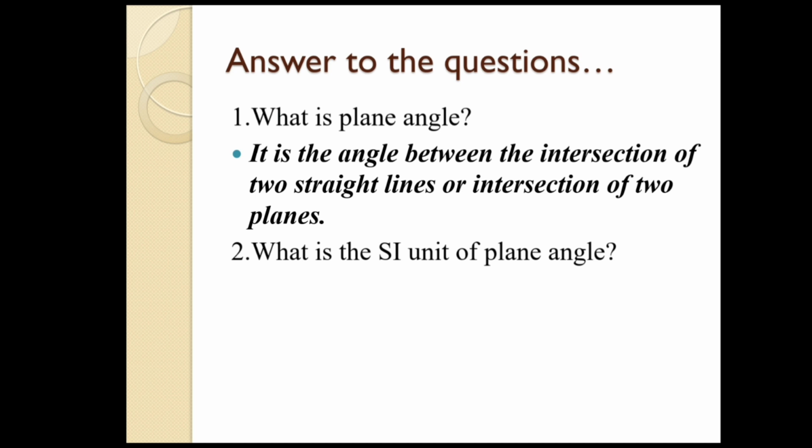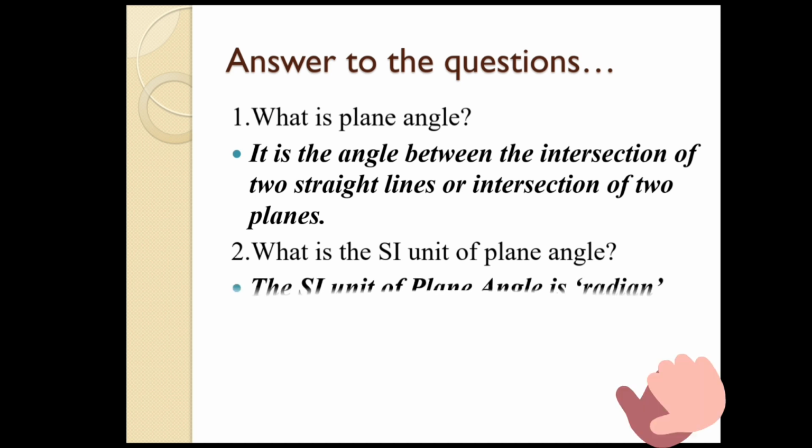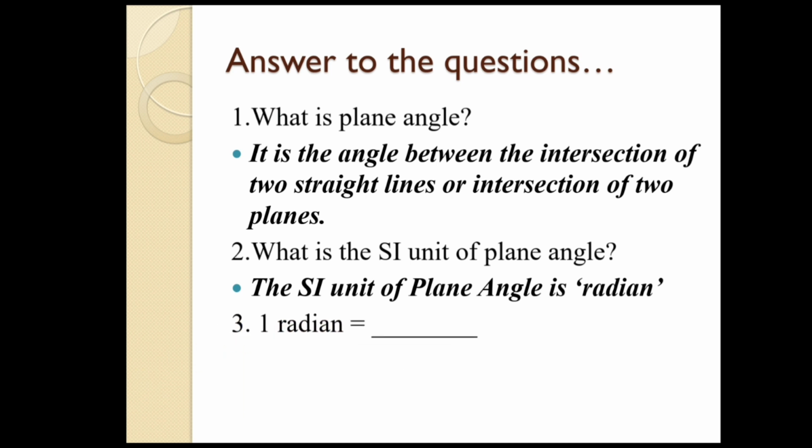Did you say radian? Yes, that was right. The answer is radian. The SI unit of plane angle is radian. What is 1 radian? 1 radian is equal to 180 degrees over pi.